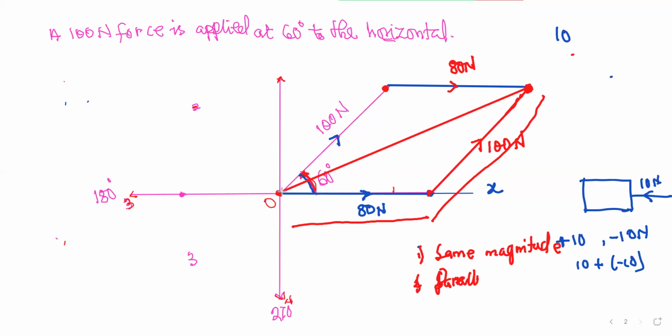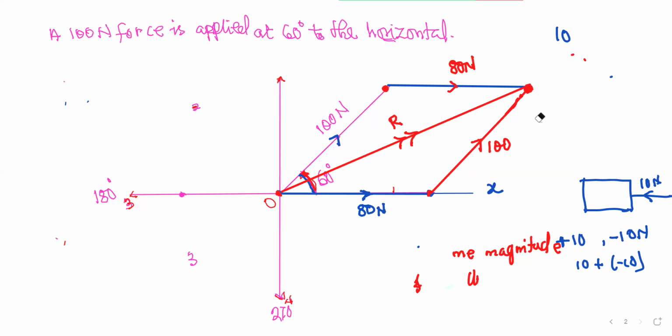That shortest possible distance becomes the resultant force after realigning their directions. So this becomes the resultant, the combined effect of 80 and 100. That is how to find the resultant force: you resolve the forces into a parallelogram.